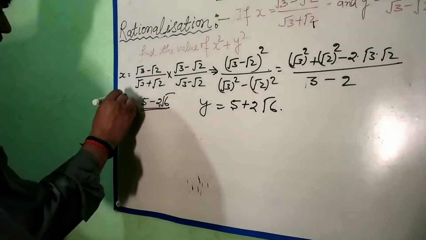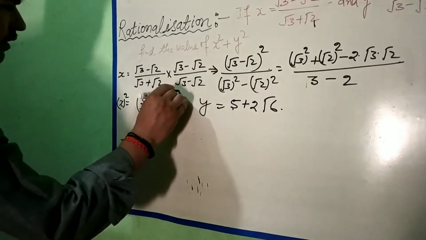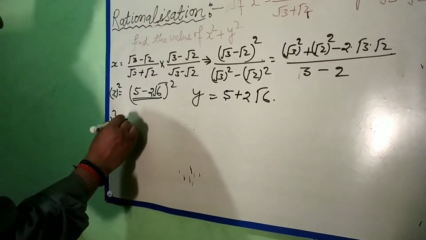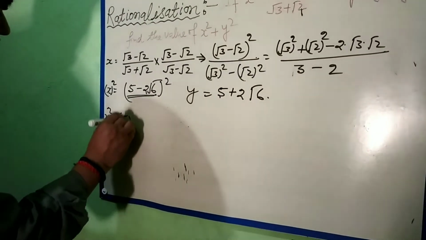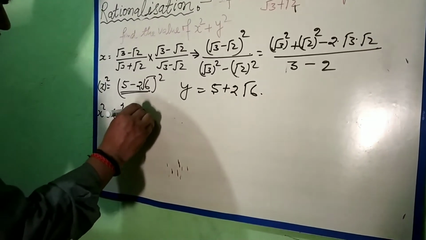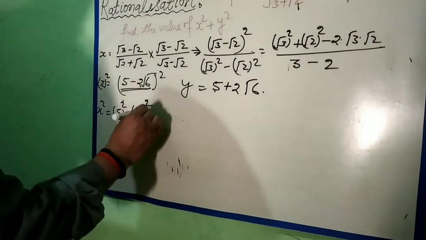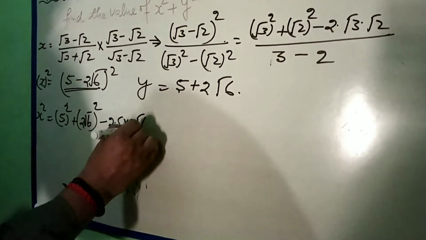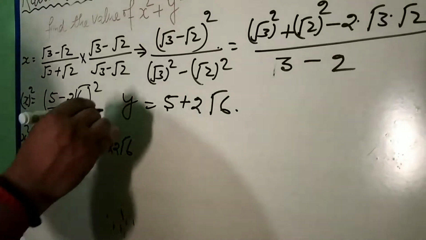Here if you find the square of x, what we will get, x का square is equal to, again a minus b का whole square, 5 का square plus 2 root 6 का square minus 2 into 5 into 2 root 6. Is it clear?